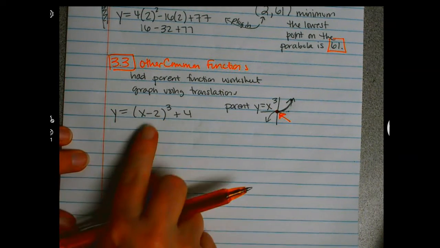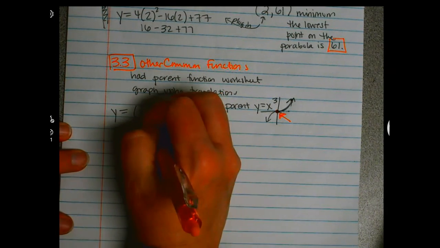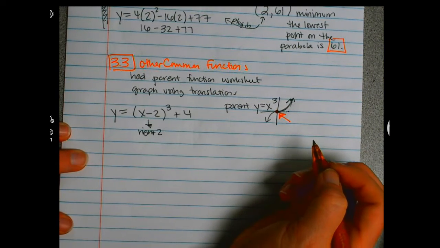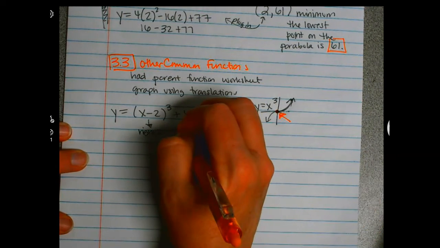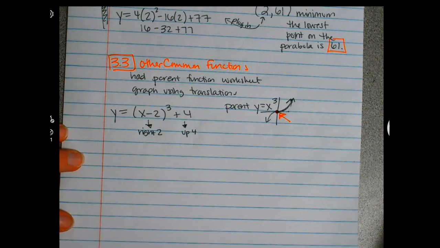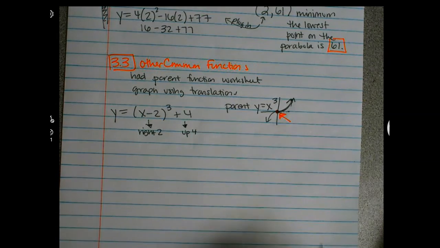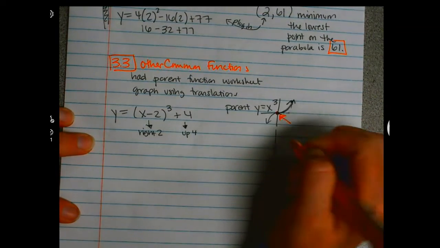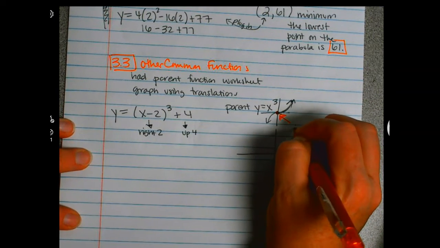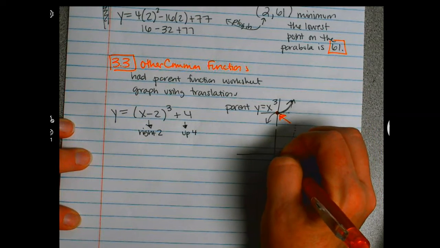Yes. So things in parentheses are opposite math. This means it goes right 2. And this means it goes, let's say this one goes up 4. So you can actually graph the parent function, and I'm just going to do this with some dots so I can see it.